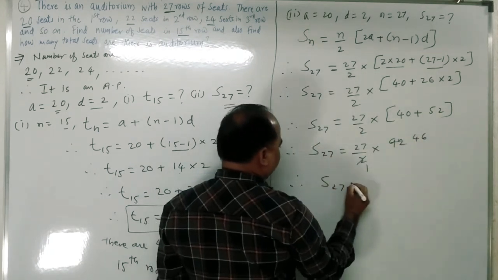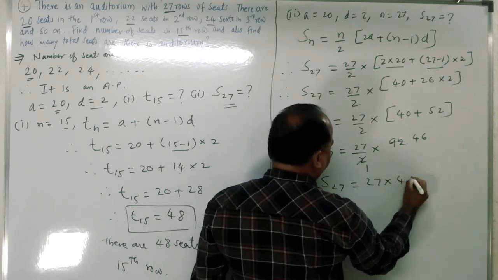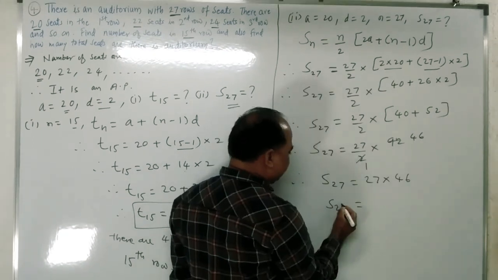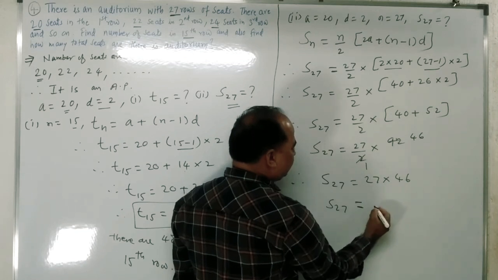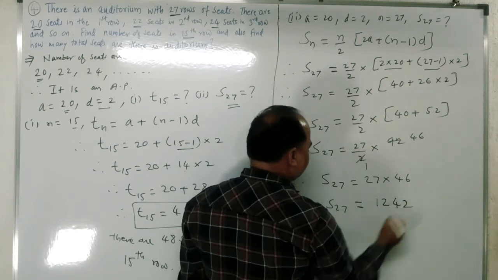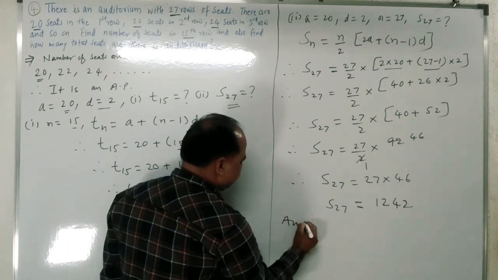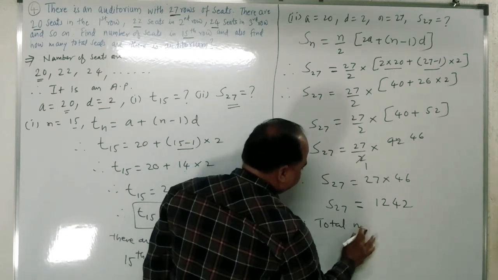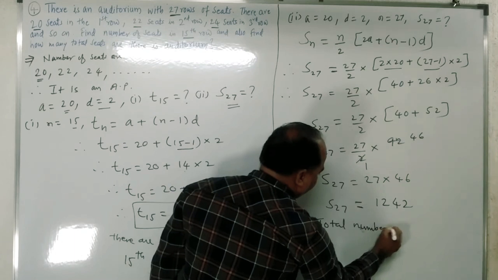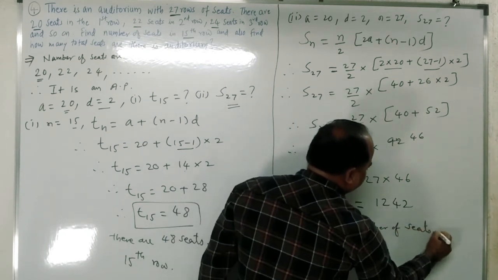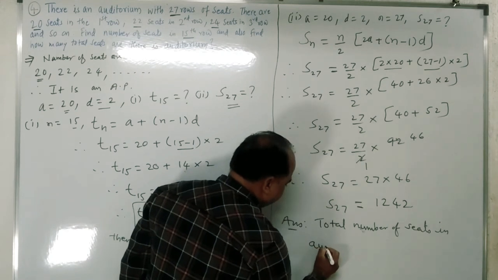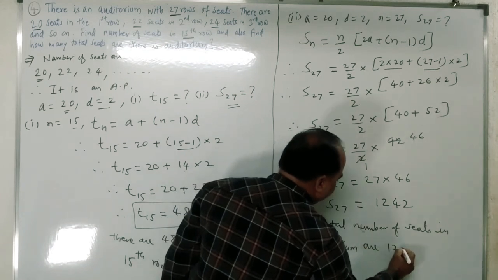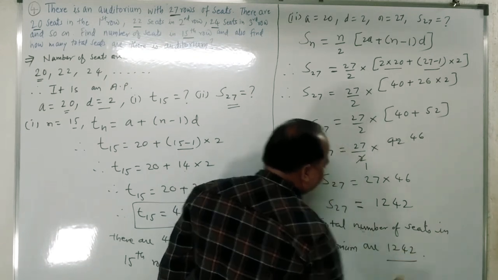So S27 is equal to 27 into 46. Multiply these two numbers: 27 into 46 is 1242. So total number of seats in the auditorium are 1242.